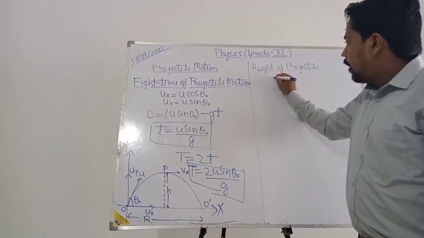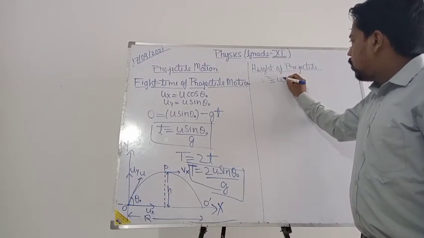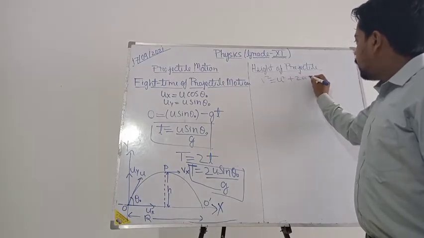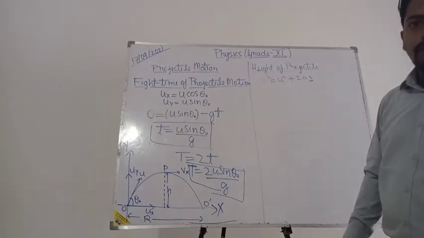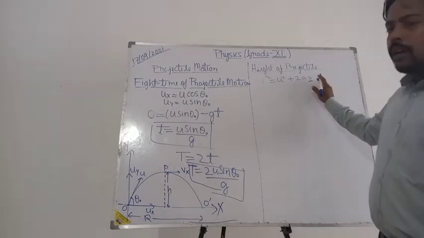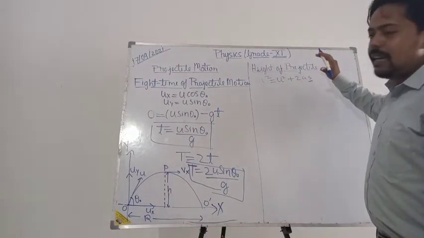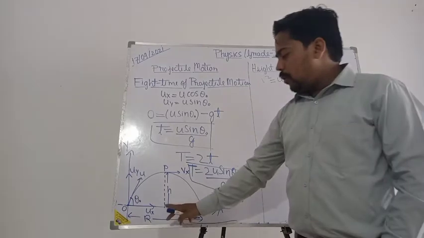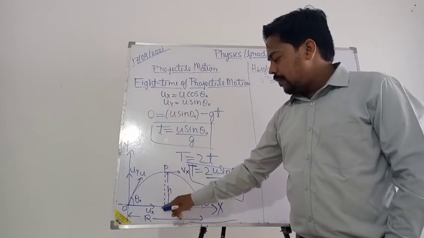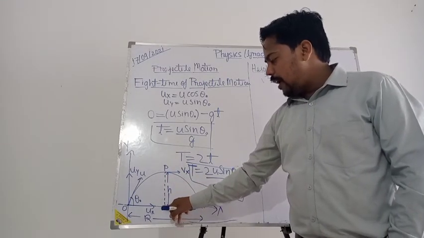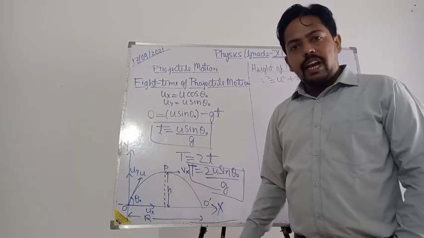Here we can write like this: v square is equal to u square plus 2as. So s is the magnitude of displacement, a certain length, and here in this case for height, the certain length is the height that a particle is covering from the 0 level to a certain h level.